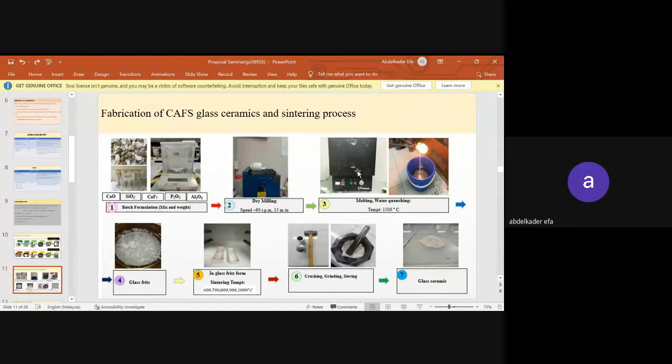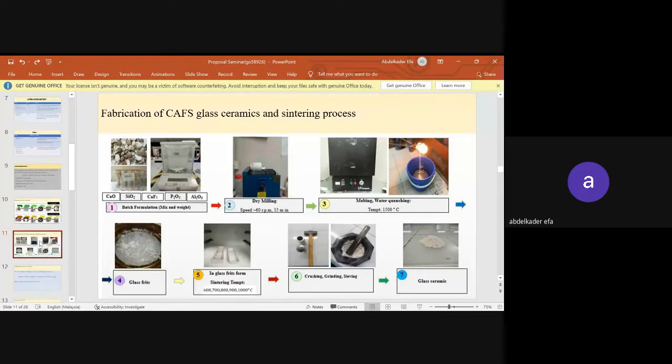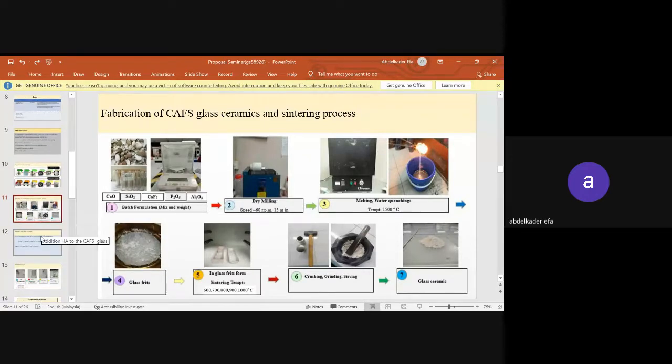After melting, the melt will be quenched in water to get glass frits. The glass frits will be sintered at different temperatures, 600, 700, 800, and 900. After that, crush it and sieve to get a fine powder.